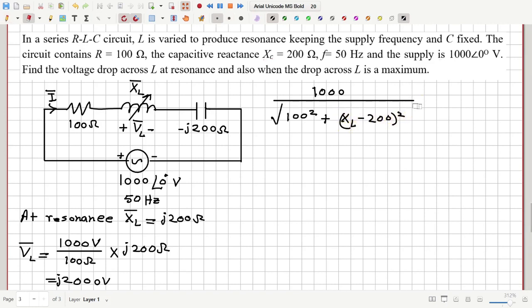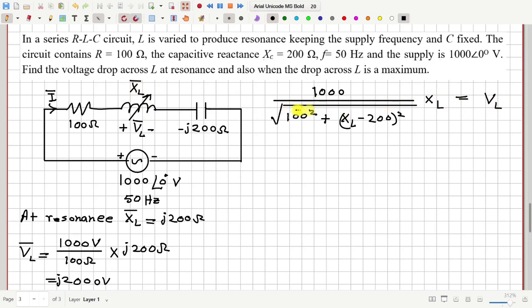Okay, so this is the magnitude of the current here. Now if I multiply this with XL, that is the inductive impedance magnitude, then this will give us the magnitude of the inductor voltage in general for any value of this inductance.